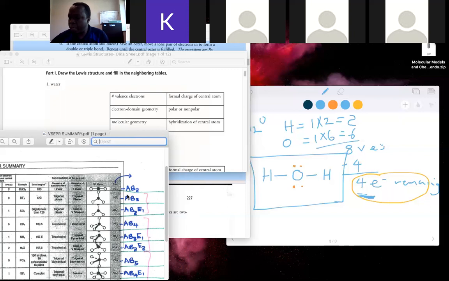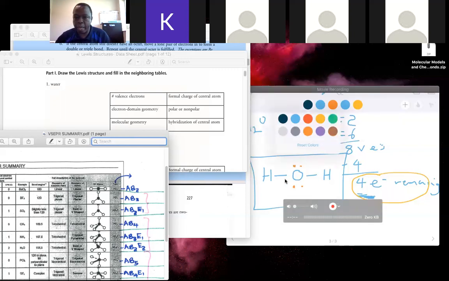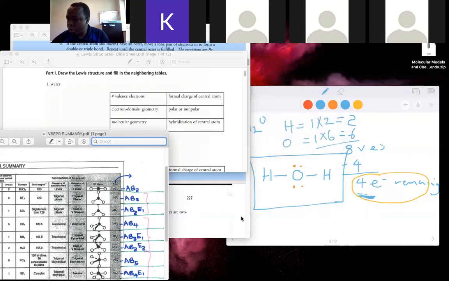Let's go back to this diagram here. I'm going to show you how you use the central atom. What you need to be using is this diagram, or the box, or the illustration, whatever you want to call it, on the central atom to come up with this configuration here.